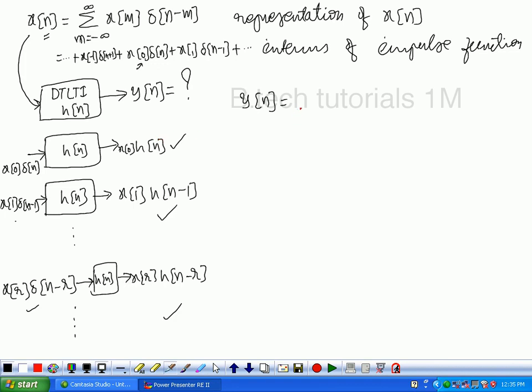So therefore, y of n is the sum of the individual responses. Can I write y of n as the sum over m from minus infinity to plus infinity of x of m h of n minus m? Is that right?